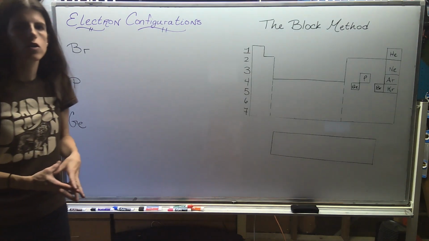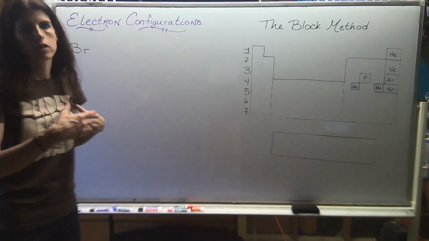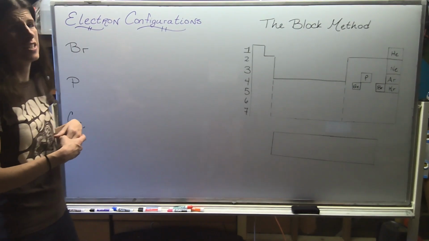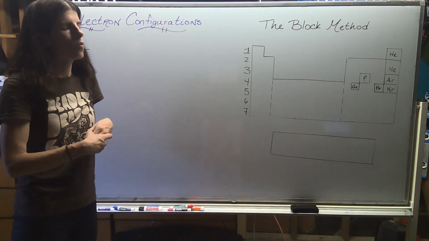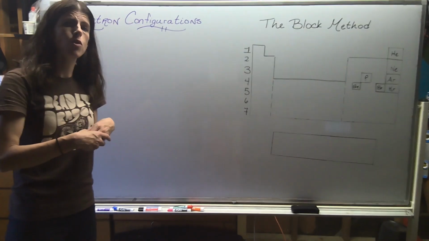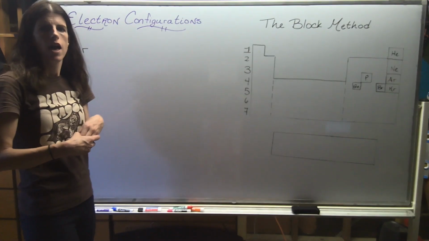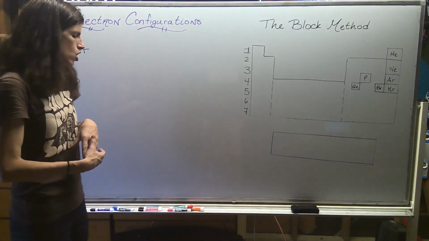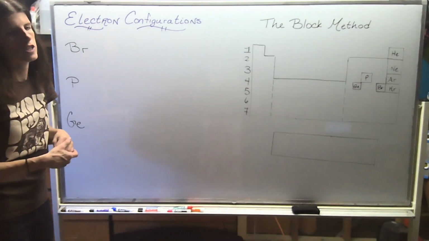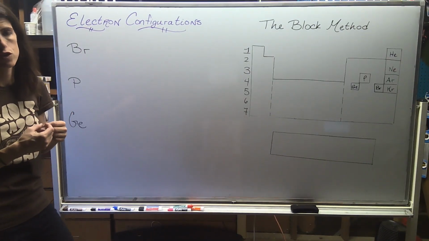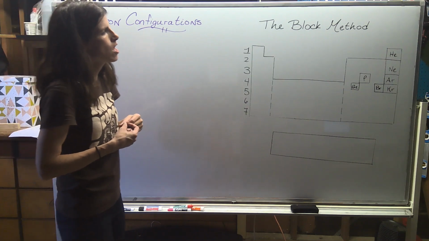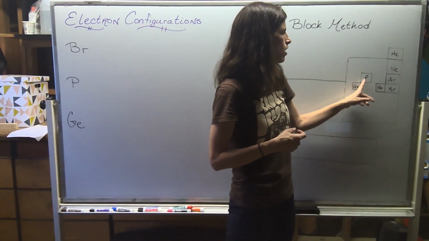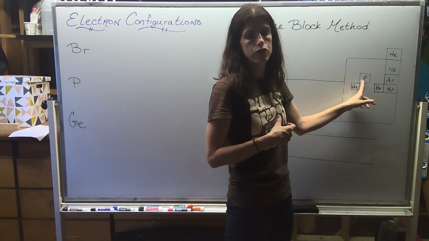So as we saw earlier, writing the electron configurations of some of our larger atoms can be kind of tedious. And so we have what's known as a noble gas configuration, and that's in contrast to the full electron configuration. So your noble gas configuration is an abbreviated version of the electron configuration. And what you're going to do is, say you're writing the electron configuration for phosphorus.